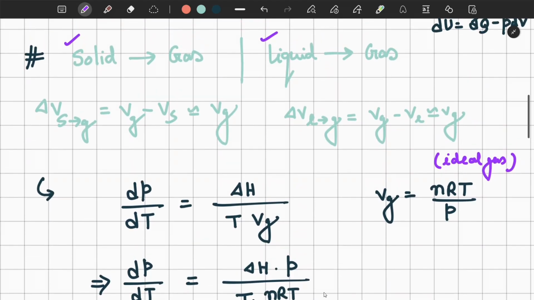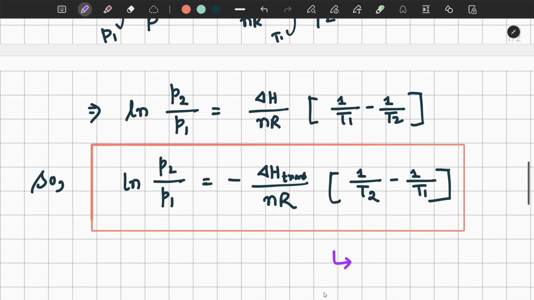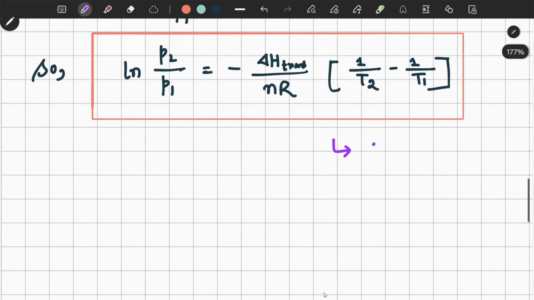When you are considering gas to solid, delta V will be Vs minus Vg, and you have to take care of that sign, because when changing from gas to solid, the volume decreases. The sign will be different, but the treatment will be the same. This is the Clausius-Clapeyron equation.